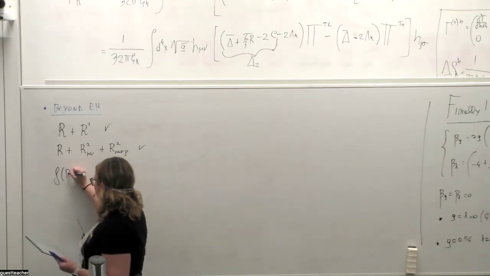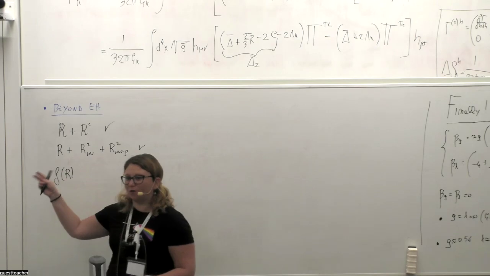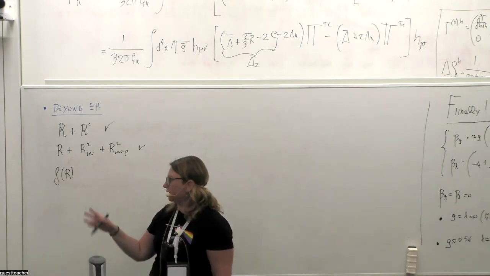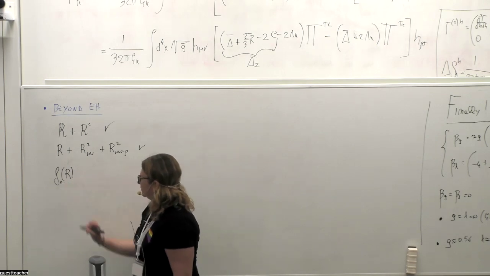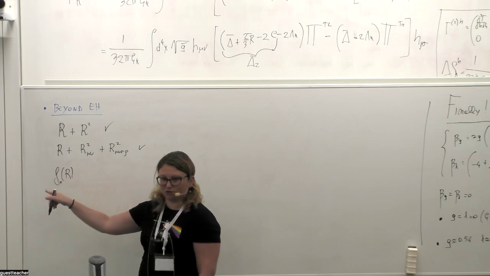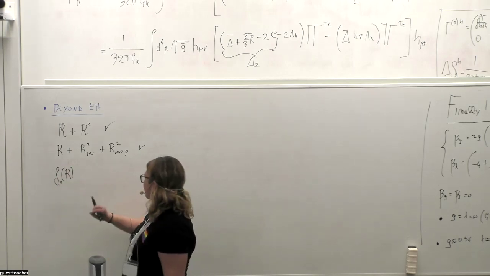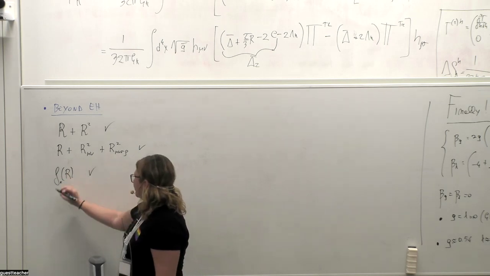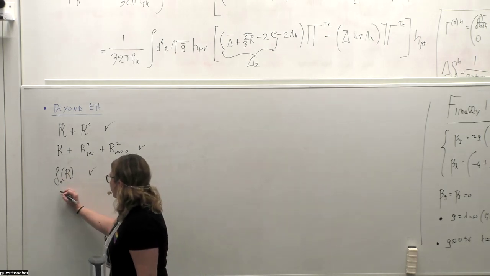F of R truncations, even without expanding about R equal to 0, have been done. So literally looking at the dependence on k of this function. And here we also see fixed functions. And also expansions of this type.